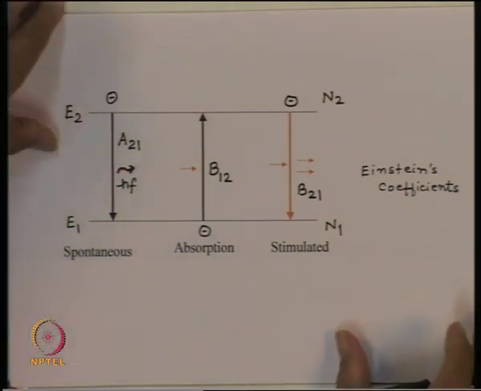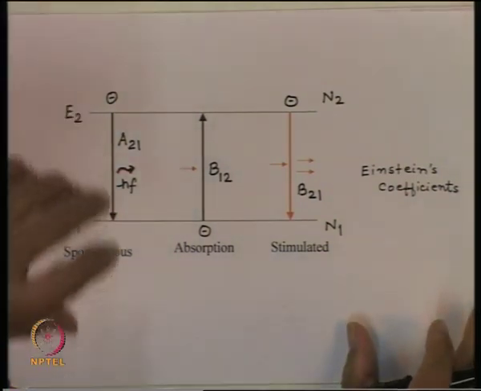So, in practice, it appears that a simple two energy level system, what we have discussed up till now, cannot provide a population inversion, because it will require coherent emission to create that, and therefore, a laser cannot be created.